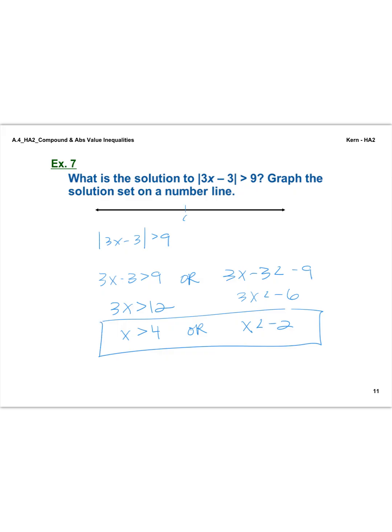Okay, so 0, -2, and 4. We have open on 4, x is greater than. Open on -2, x is less than. -infinity to -2, jump, 4 to infinity. I know I'm moving through these fast. Try pausing it, doing the problem, and then seeing if you get it right.